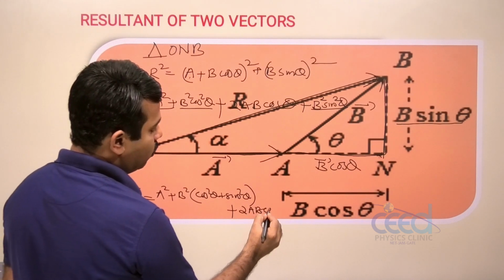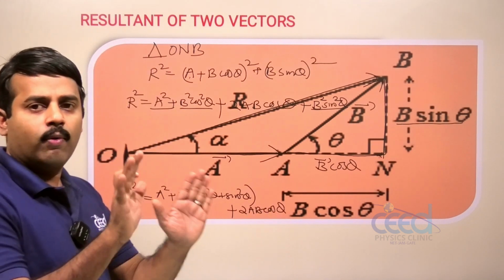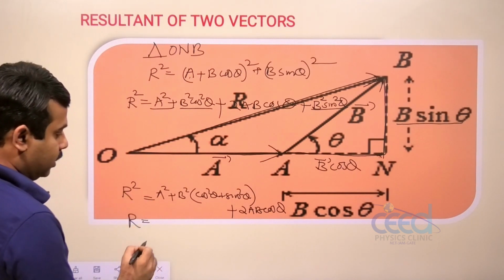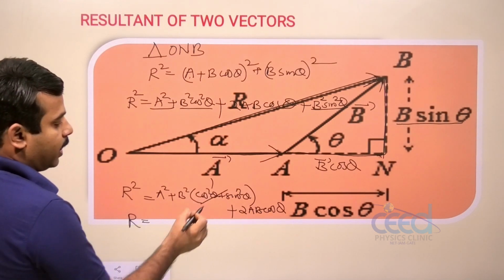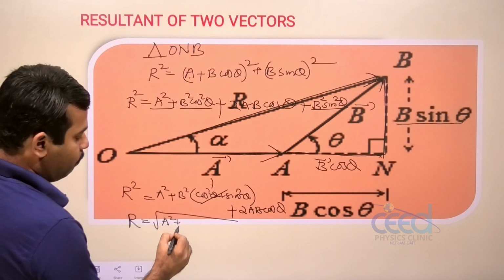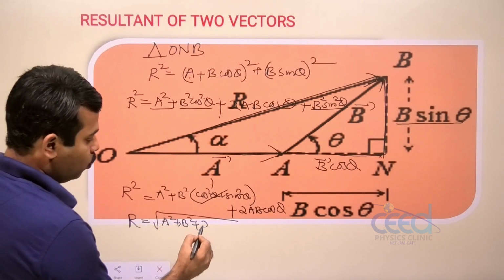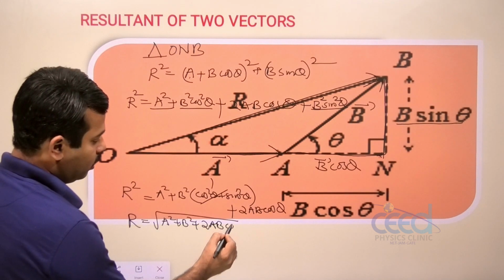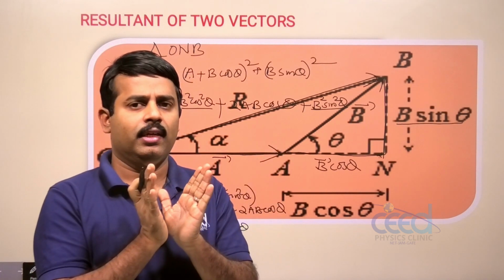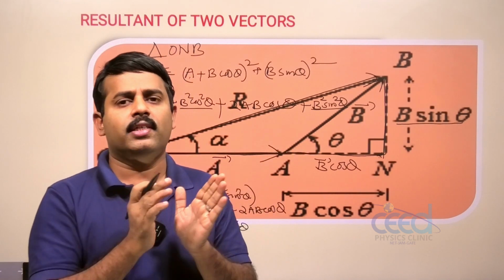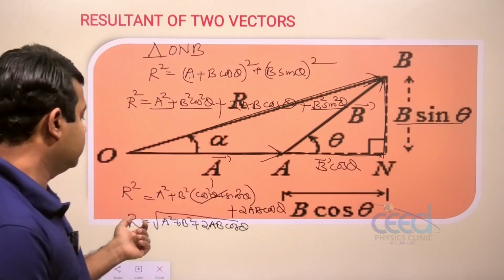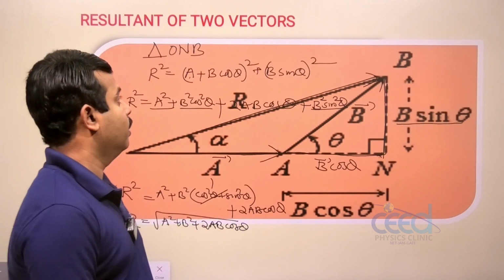So the resultant R is equal to the square root of A square plus B square plus 2AB cos theta.